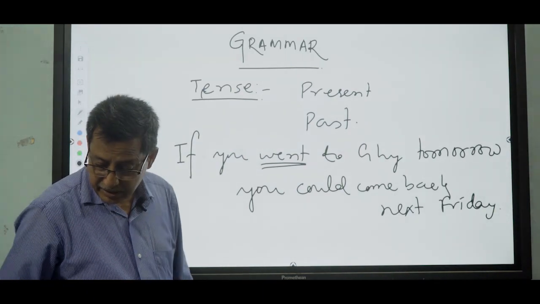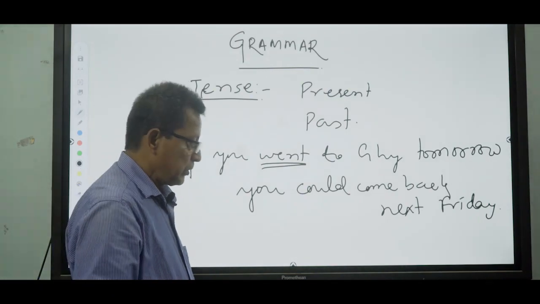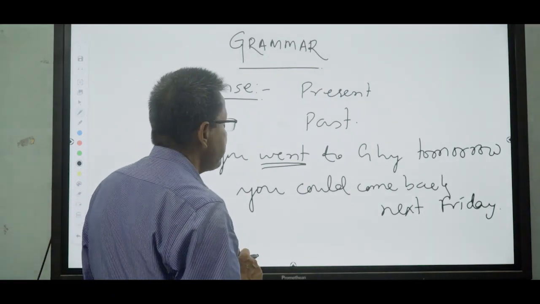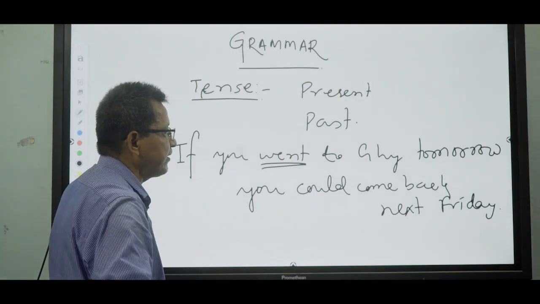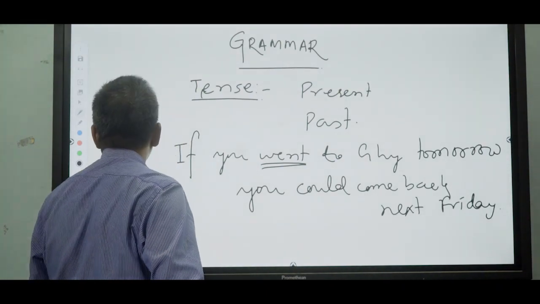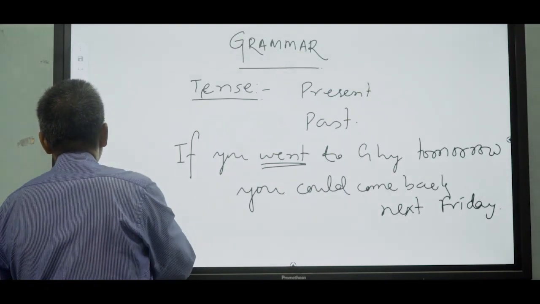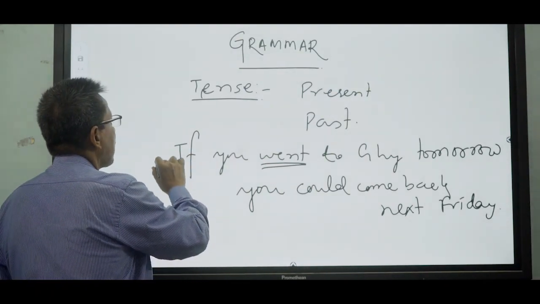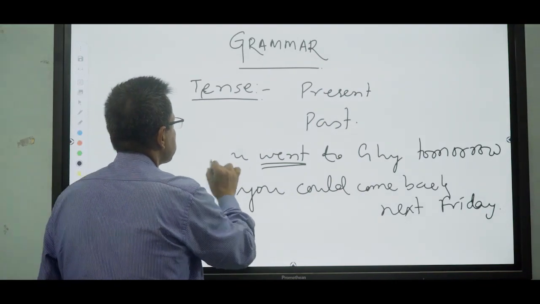So, if we are going to name a particular sentence which uses will or shall as future tense, then we will have to name a lot of future tenses in English.